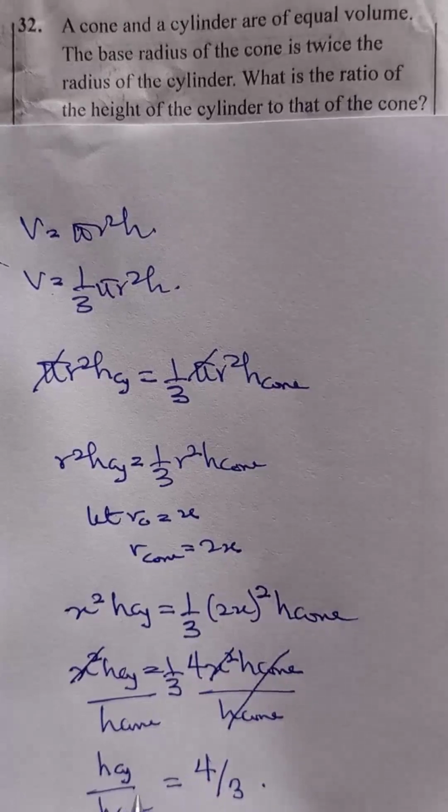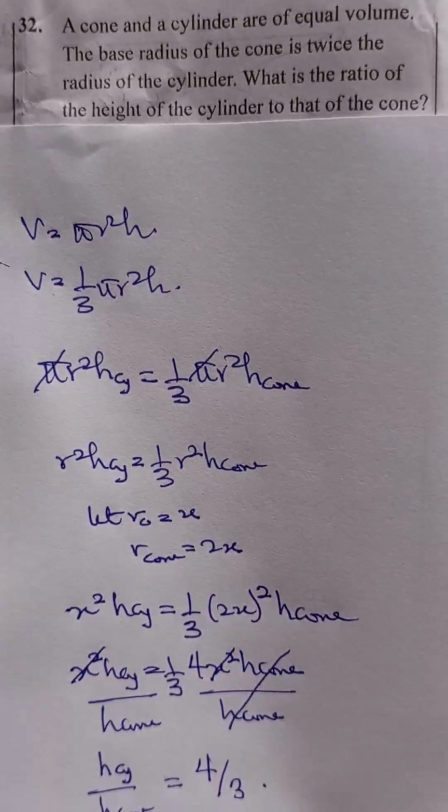So the height of cylinder to height of cone is going to give us 4/3.